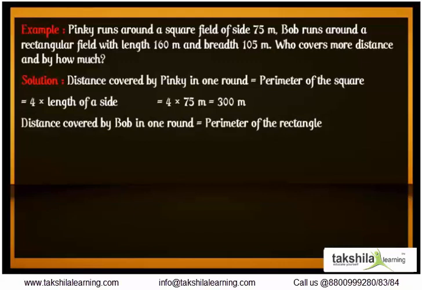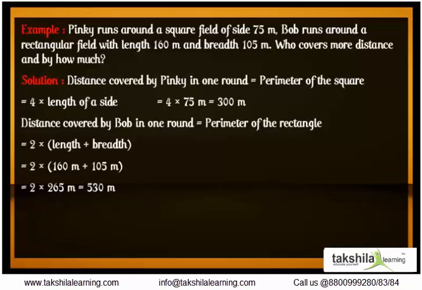Distance covered by Bob in one round is equal to perimeter of the rectangle is equal to 2 into (length plus breadth) is equal to 2 into (160 meters plus 105 meters) is equal to 2 into 265 meters is equal to 530 meters.